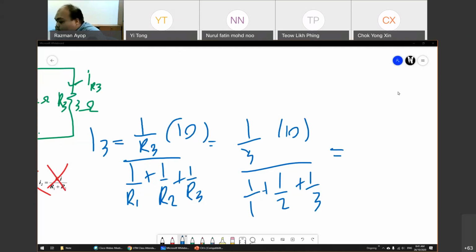So 1 reciprocal is just 1, plus 2 reciprocal plus 3 reciprocal, and close bracket. Don't forget the bracket. So you get the answer, and make sure your answer is in decimal point. So the answer is 1.81 ampere.